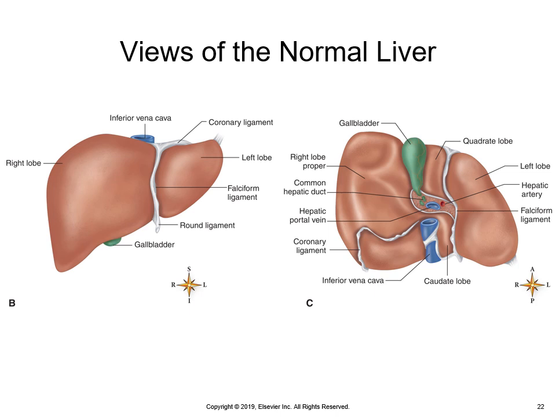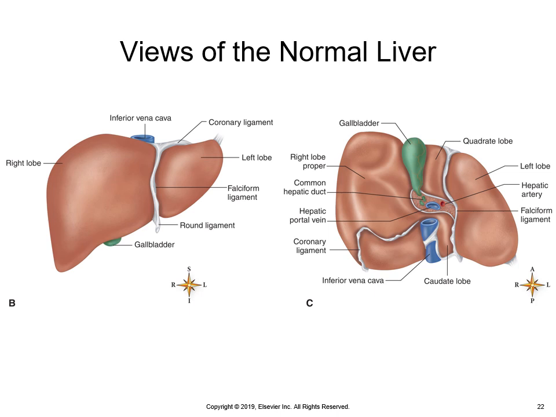In terms of location, we talked about the gallbladder, but the gallbladder is here. You cannot really see it from this anterior view because it's partially hidden, but it is tucked underneath the right lobe, and we are able to better see it in the inferior view.